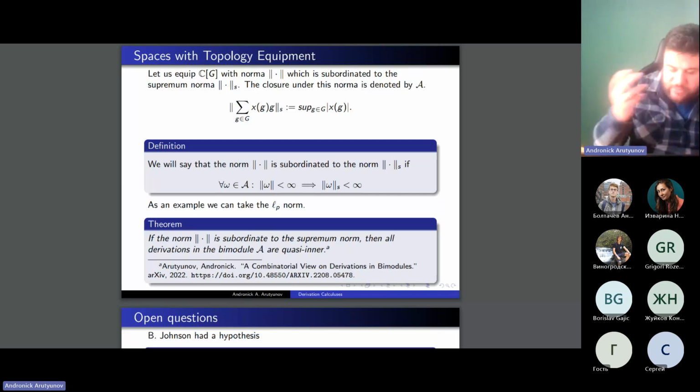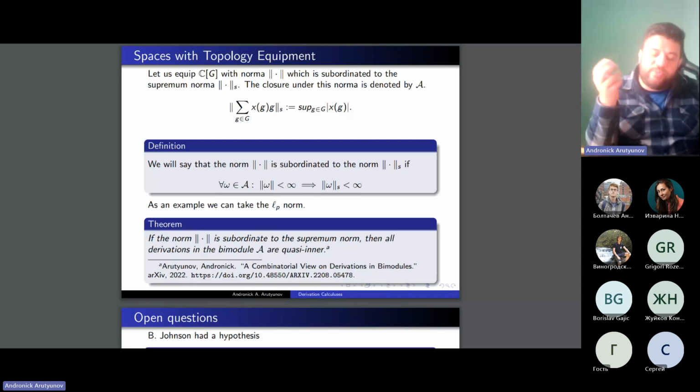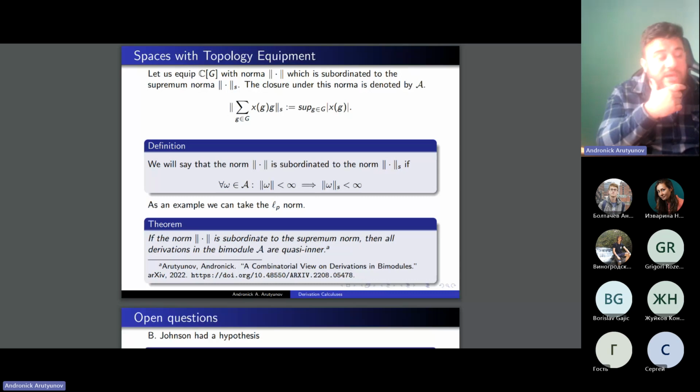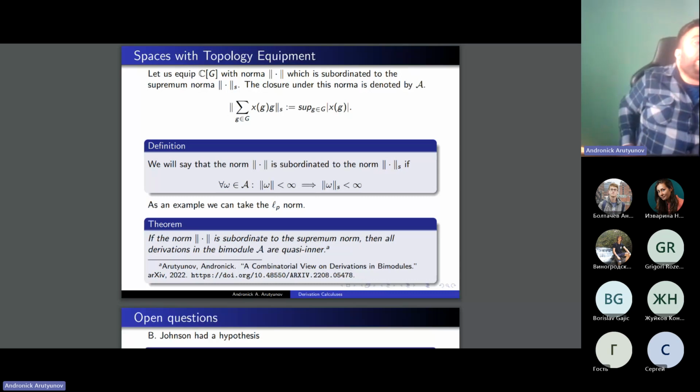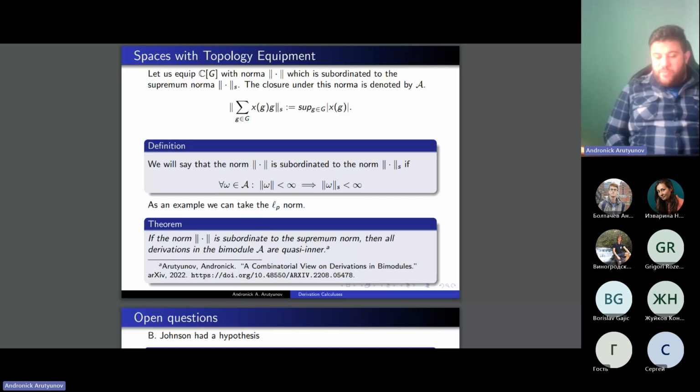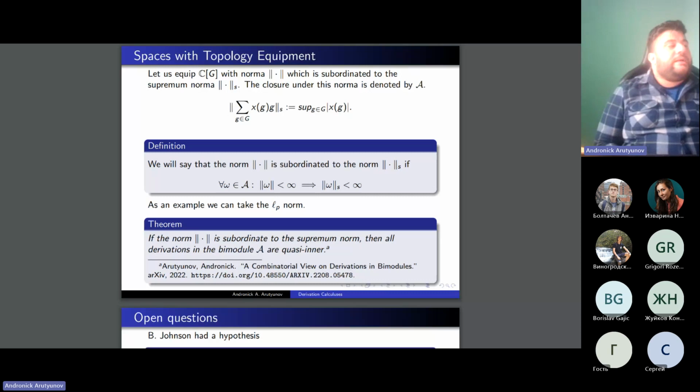So you need some topology equipment in your group algebra, and we can take a norm in the group algebra as a vector space. We can take a closure under this norm, and this will be a bimodule over a group ring.